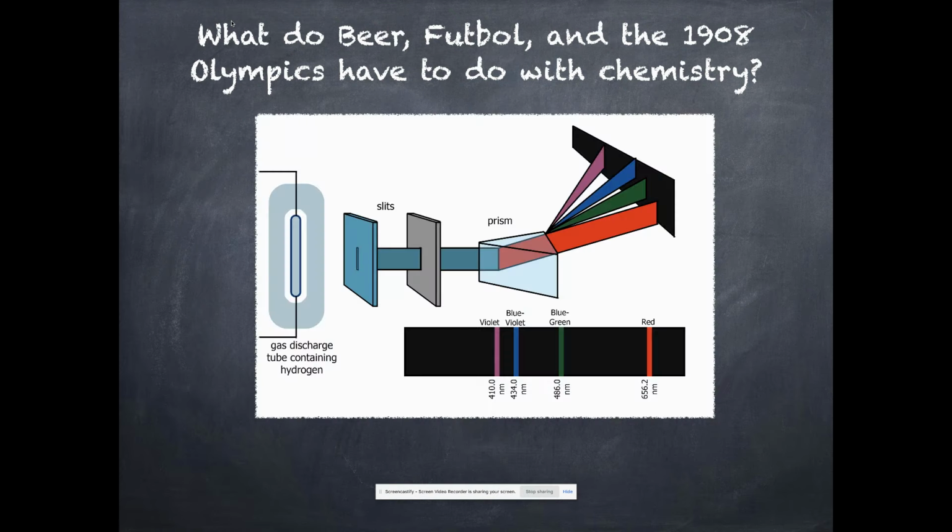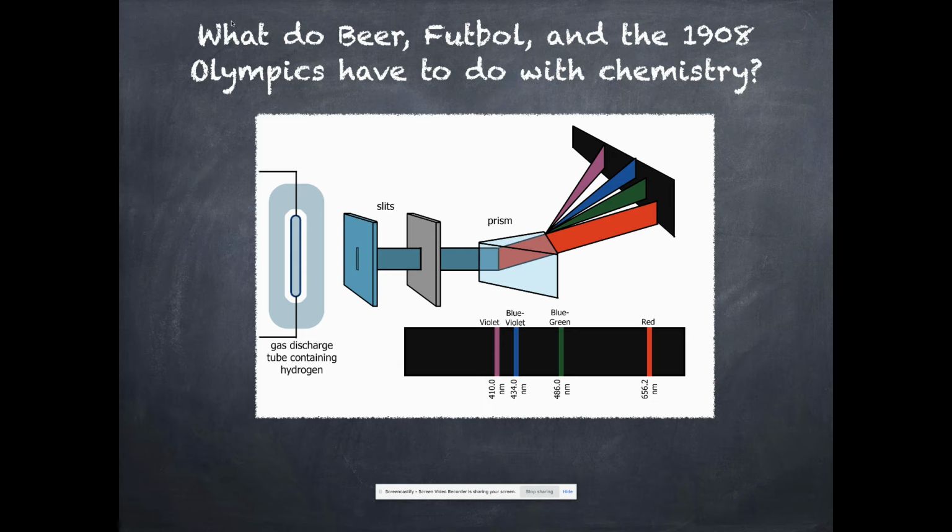So we're going to start off with this picture, which is the bright line spectrum for hydrogen. Now, I made a really big deal in the last lecture talking about the differences between a continuous spectrum and a bright line spectrum. A continuous spectrum would be created if our source of light here was what we call white light, a mixture of all wavelengths.